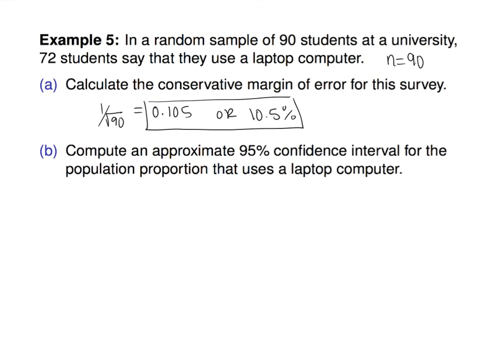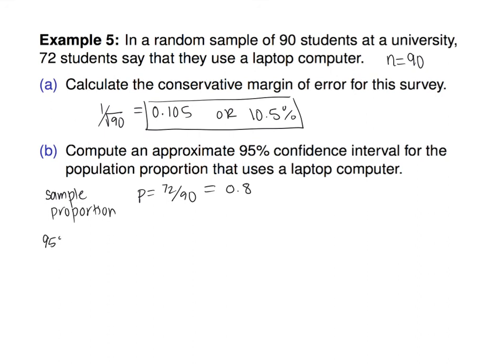Now find an approximate 95% confidence interval for the population proportion that uses a laptop computer. So first you have to find the sample proportion. Just to give it a name, I'm going to call it p. So how many people use laptop computers out of the sample? Well, that's 72 out of 90, which is actually exactly 80%.